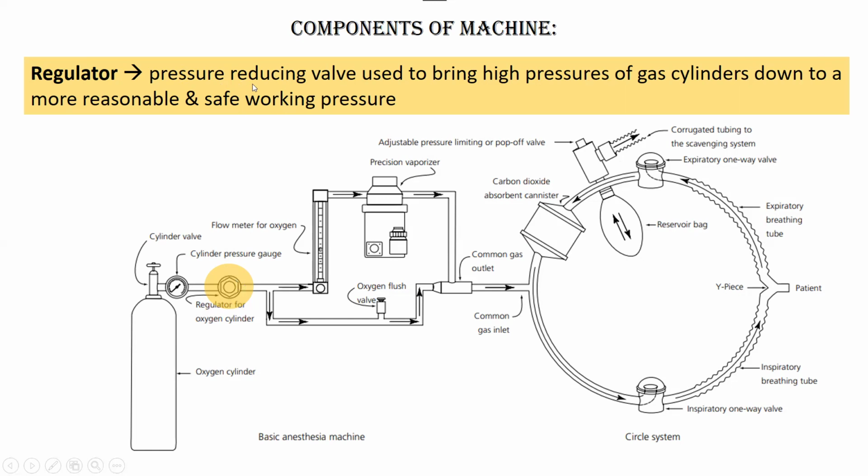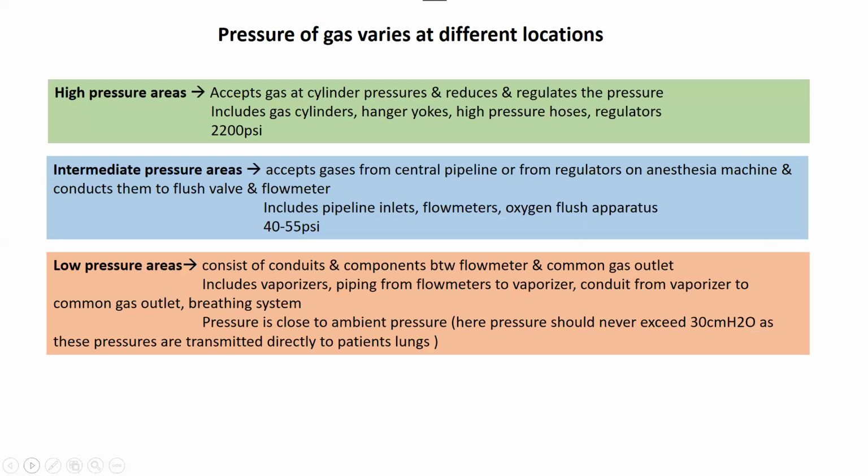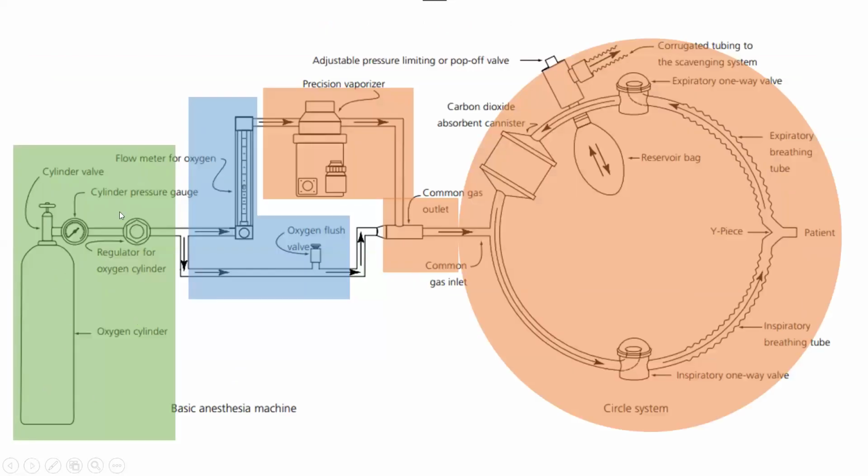Since we have talked about pressure, let's see one more thing about it. As far as the pressure of the gas throughout this anesthetic circuit is concerned, the whole image is divided into three parts: high pressure areas, intermediate pressure areas, and low pressure areas. This green portion that includes the oxygen cylinder, gauge and regulator comprises the high pressure area.